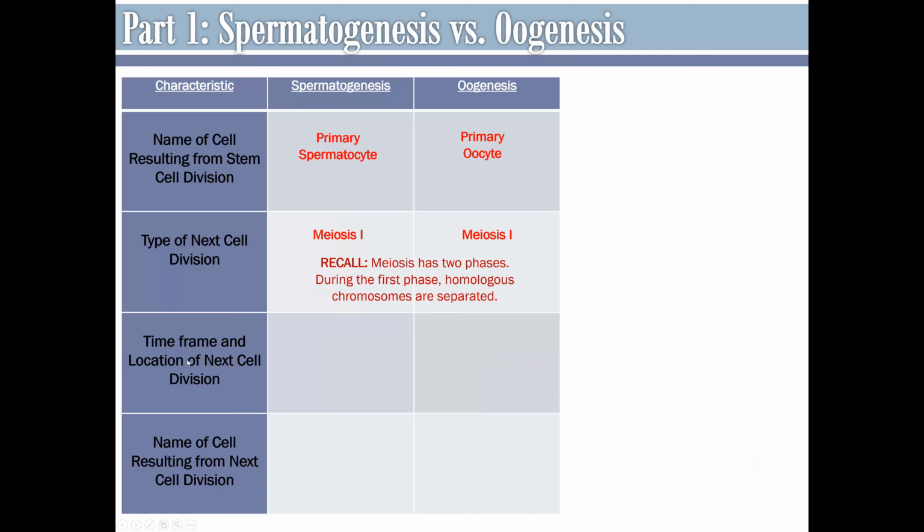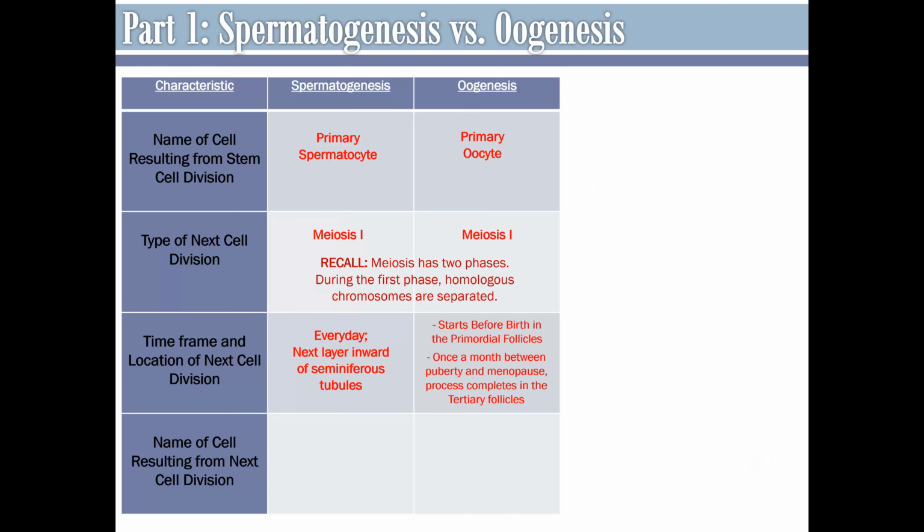So the time frame and location of the next cell division: in males, this is going to be every day, and it's going to occur in the next layer inward of the seminiferous tubules. In females, this process of meiosis 1 starts before birth in the primordial follicles, but then once a month between puberty and menopause, the process will complete in the tertiary follicles.